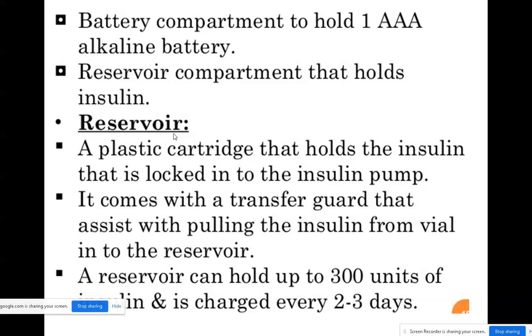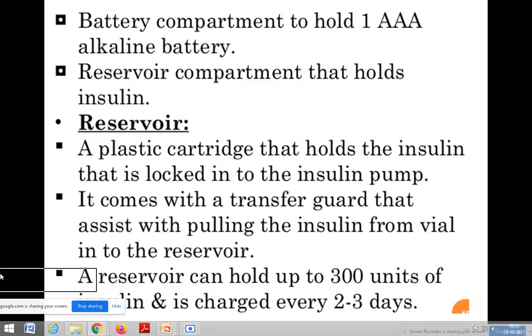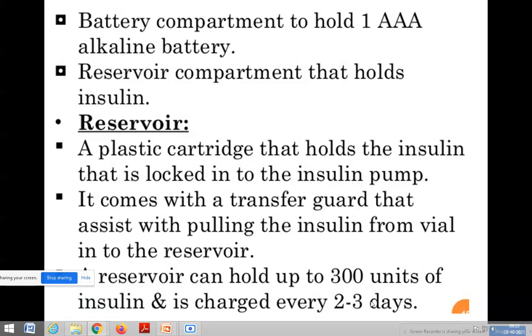So a plastic cartridge is used for holding the insulin, which will be locked to your insulin pump. It comes with a transfer board that assists with pulling the insulin from the vial into the reservoir. A reservoir can hold up to 300 units of insulin and is changed every 2 to 3 days.